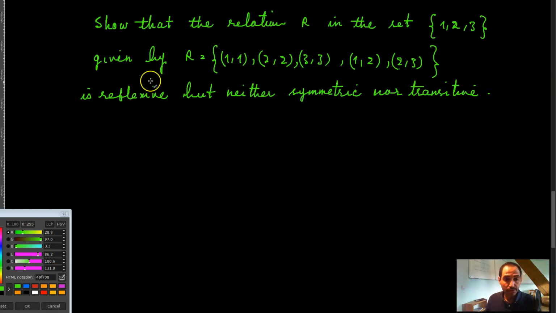When you say that it is reflexive, the condition that we use is as follows: for any a belonging to the set A, the ordered pair a comma a has to belong to R. If that is the case, then we say that R is reflexive.